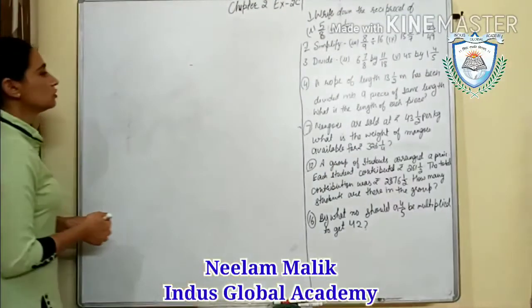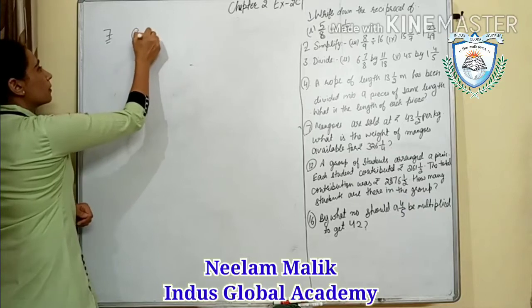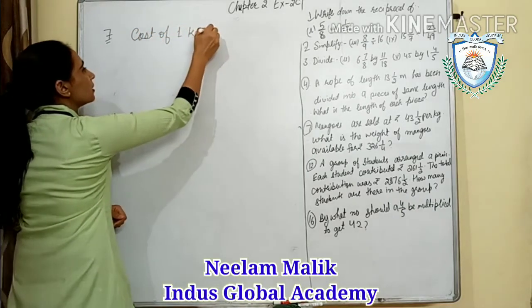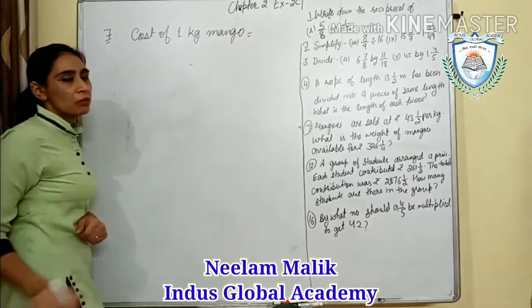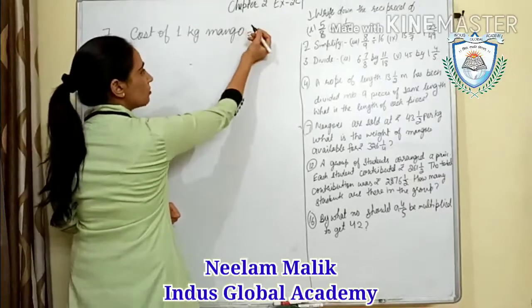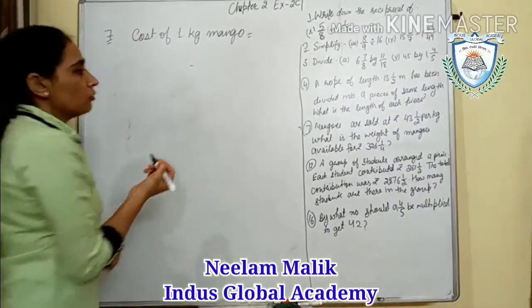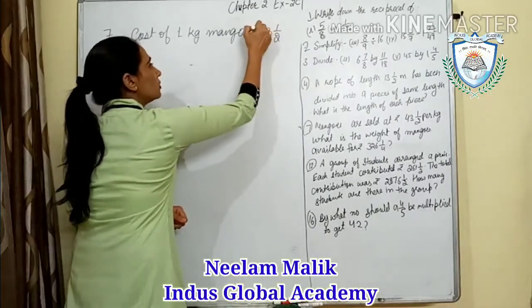Okay, so first we will write here, question number 7. Cost of 1 kg of mango is equal to 43 and 1 upon 2, this is in rupees.